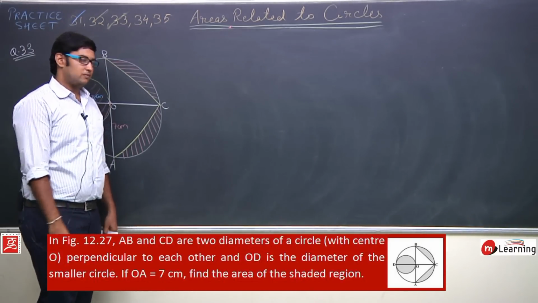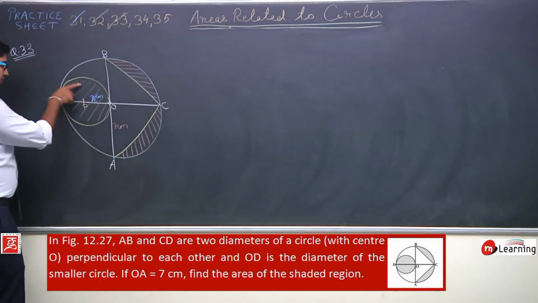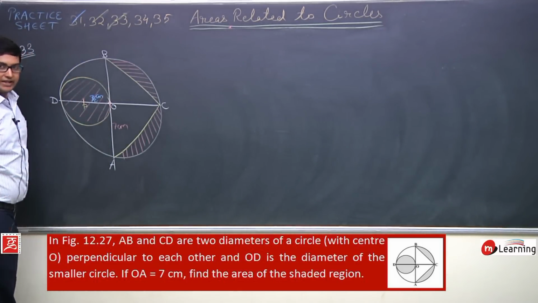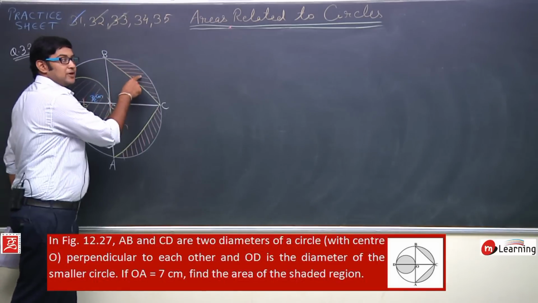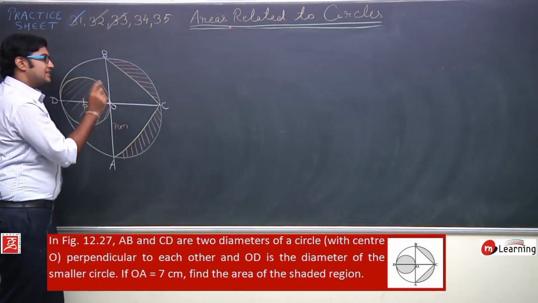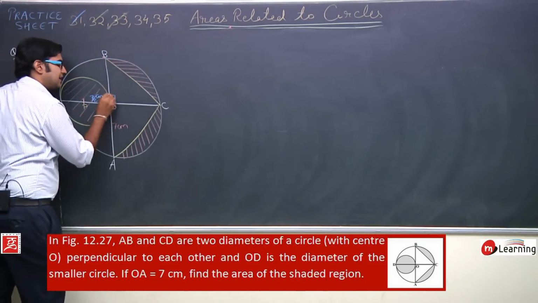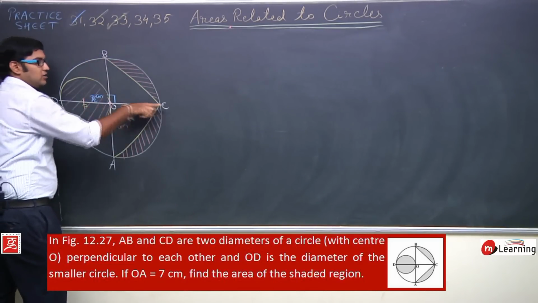Okay. Now the area of this circle, can I calculate the area? Yes, it's very easy. What about this part? I can see that in the complete circle, this angle is 90 degrees, that is OB and OC.